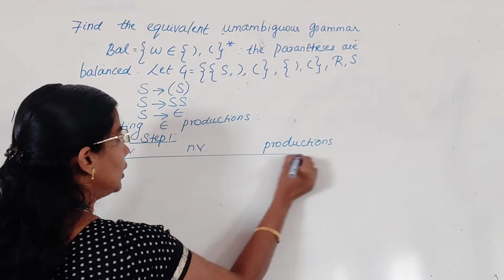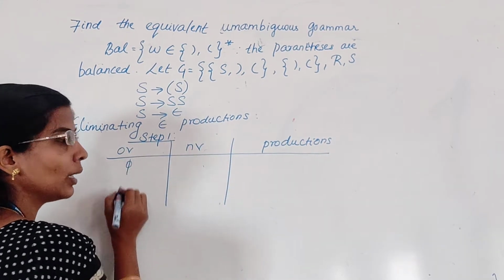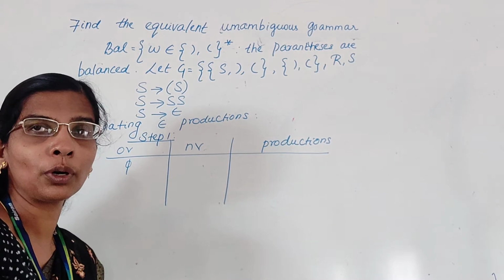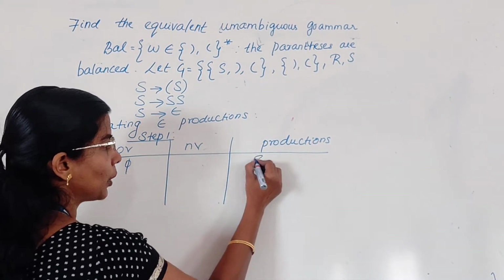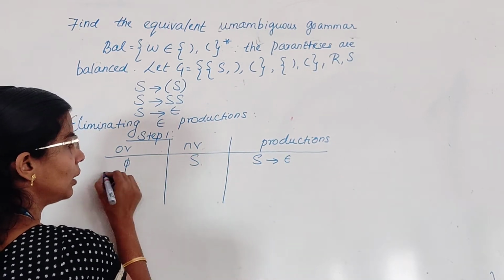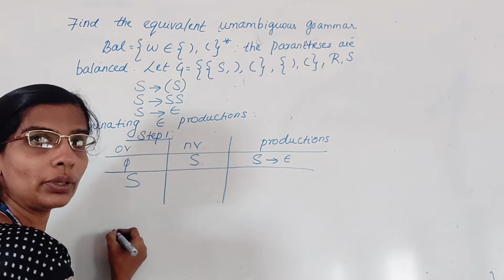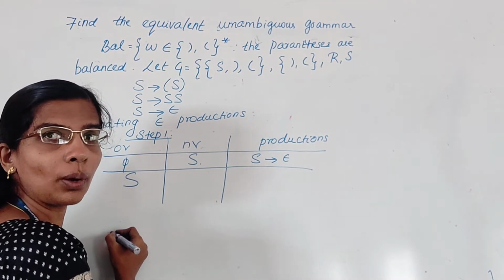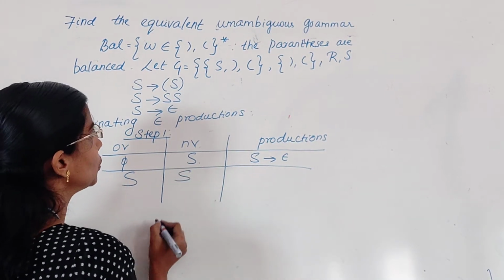Initially this old variable will be S, and in production I pick and write the epsilon production, that is S tends to epsilon. Copy this variable, and from new variable you copy down to old variable, and then from old variable to new variable.